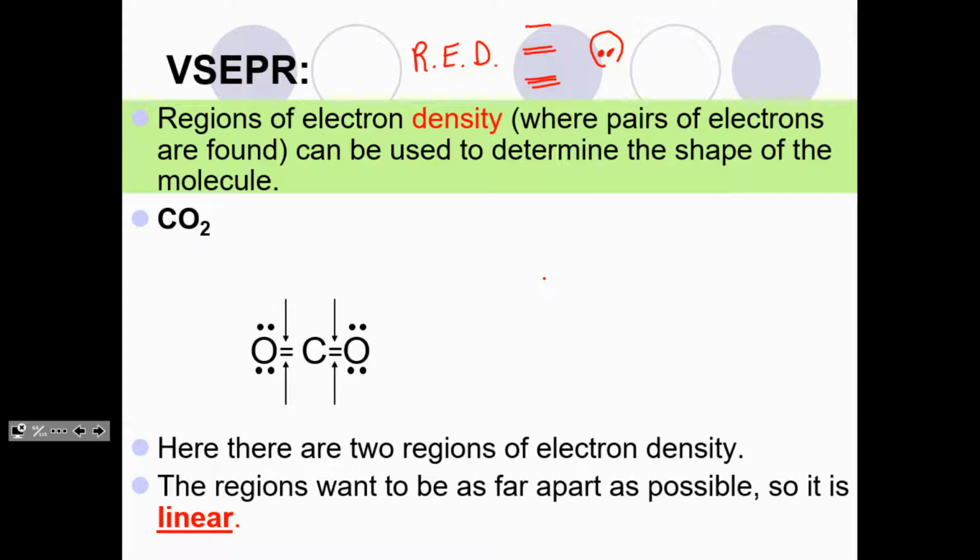And because these regions want to be as far apart as possible, I'm going to go ahead and draw in the REDs, the regions of density, and you'll see if they were balloons, they would be as far apart from each other as possible. And so we call this shape linear. This is shape number 1 for molecular geometry.